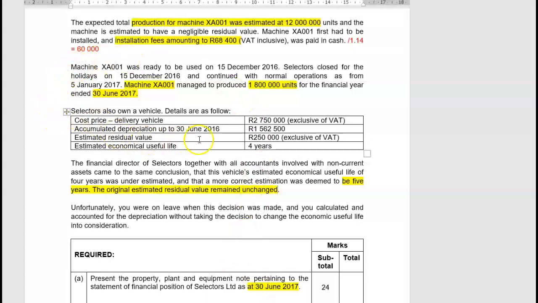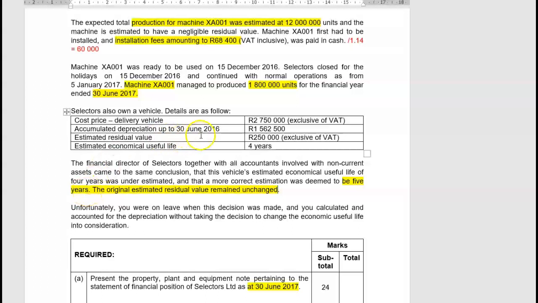The estimated residual value was 250,000 and that remained unchanged. So our carry value less 250,000, and the total estimated lifetime is now deemed to be 5 years. Now, don't make a mistake.